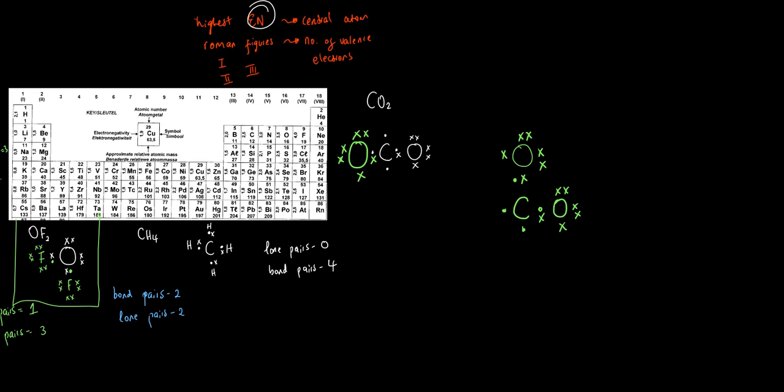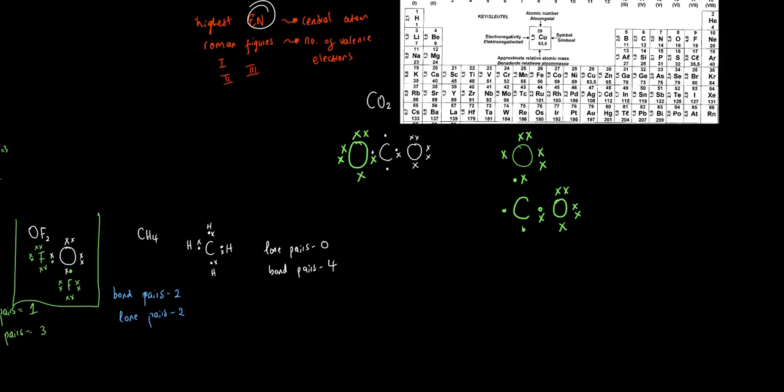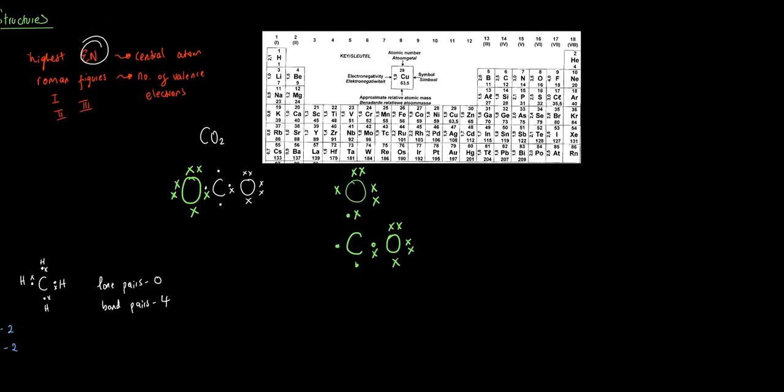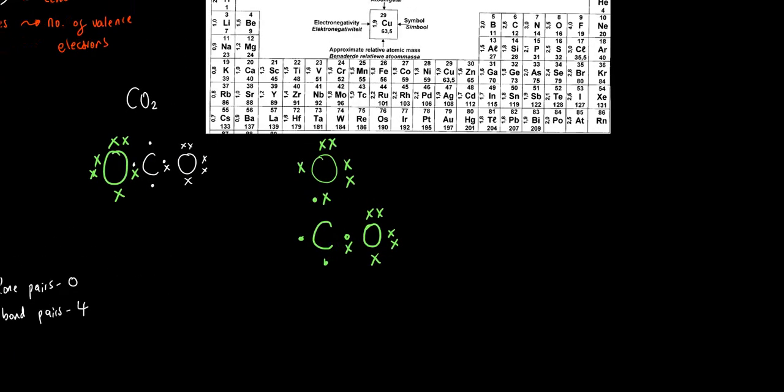Now, our biggest problem here is that there are electrons hanging that are not bonding with anything. We can't even call them lone pairs because for lone pairs you need two. So that's a bit of a problem.